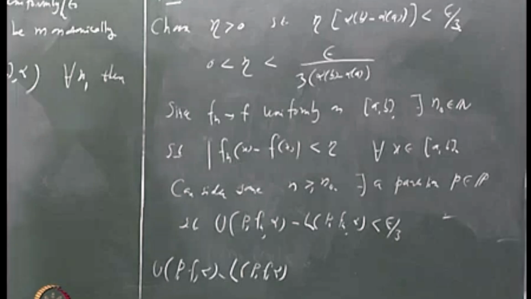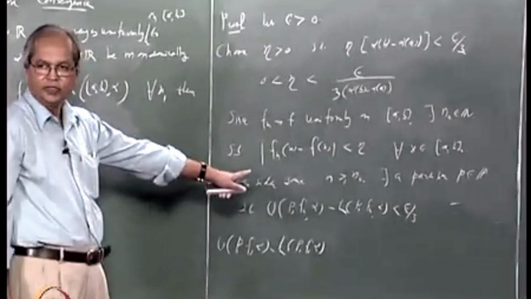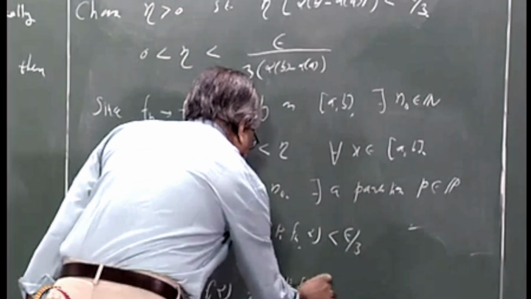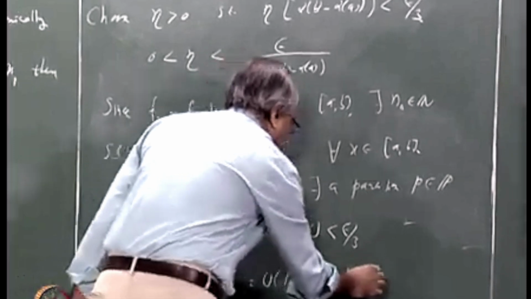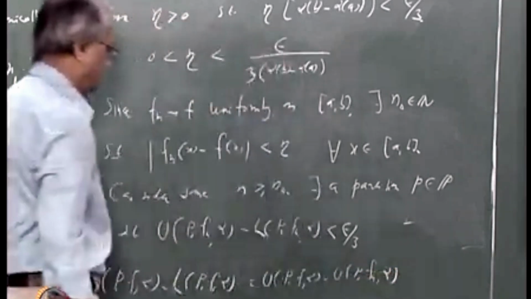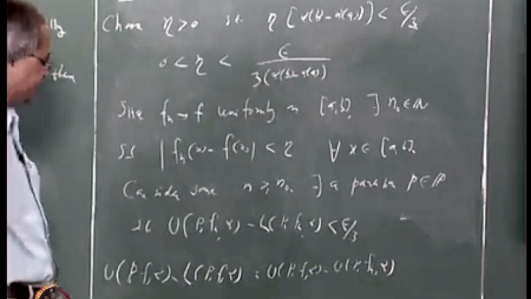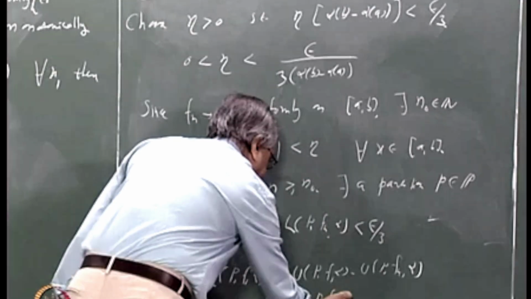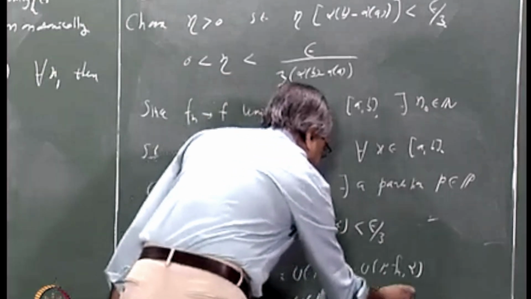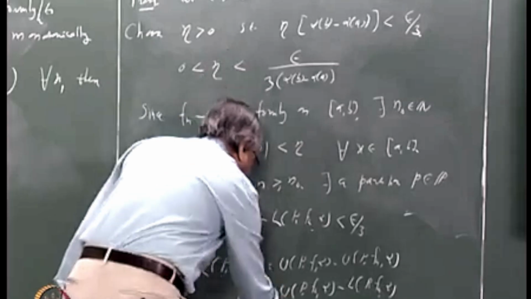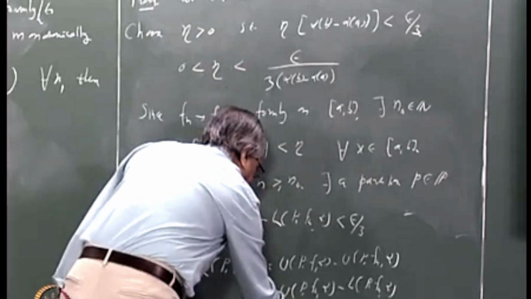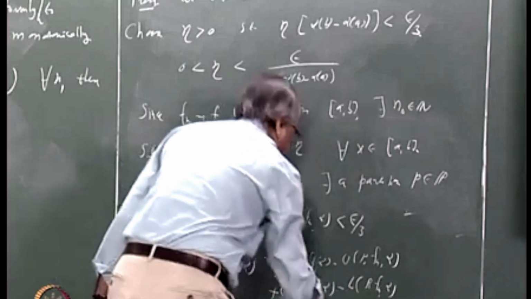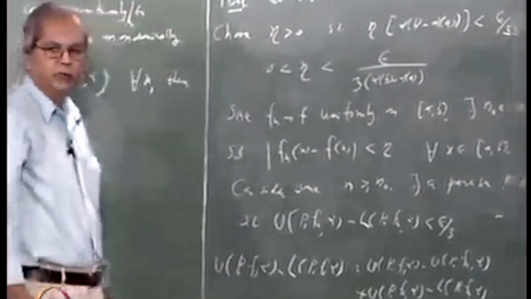So what we will do is add and subtract terms, that is, we shall write this as U(P, f, alpha) minus U(P, fn, alpha), adding and subtracting U(P, fn, alpha), then plus U(P, fn, alpha) minus L(P, fn, alpha), and finally plus L(P, fn, alpha) minus L(P, f, alpha).